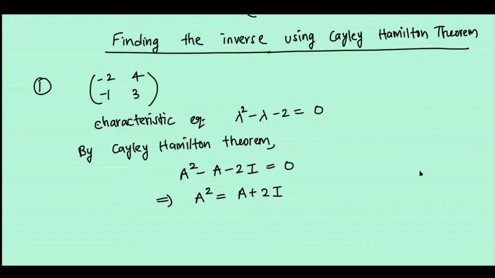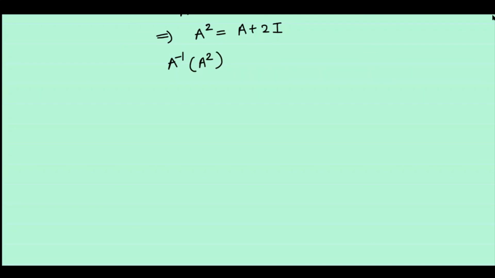Now our aim is to find the inverse of A. So for this, multiply both sides with A inverse. Multiplying both sides with A inverse, we will get A inverse A square is equal to A inverse times A plus 2I.